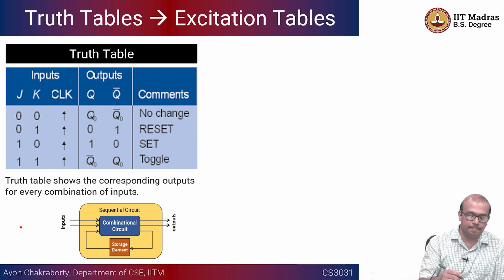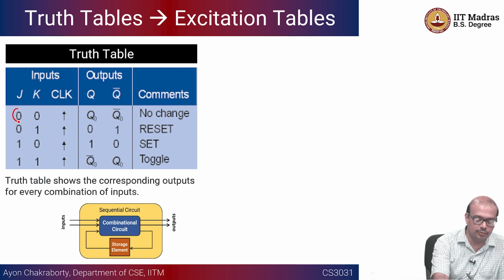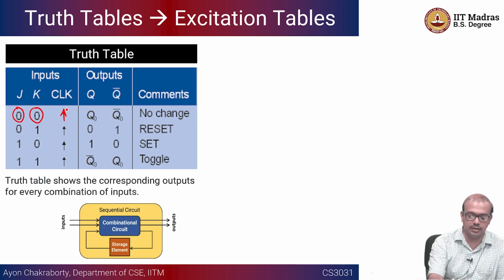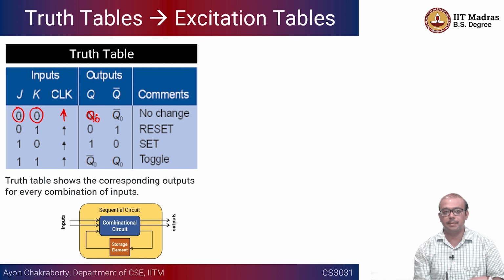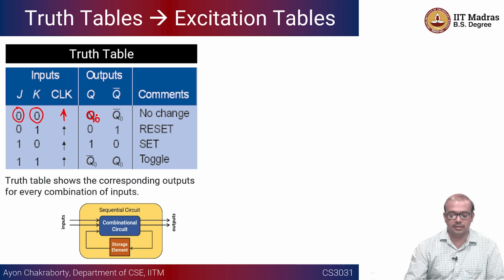So as you can see, if I put J equal to 0 and K equal to 0, and edge triggering happens, Q is going to remain Q0. This Q is typically referred to as Q plus or Q next. What is going to happen next? That is going to be Q0, because the contents are not going to be changed. Typically this is also called the memory hold state. So J equal to 0, K equal to 0 is the memory hold state. It's not going to change the current contents of the flip-flop.